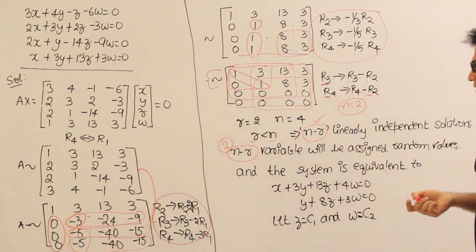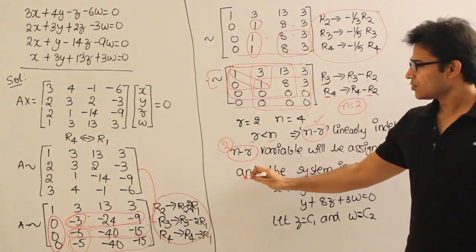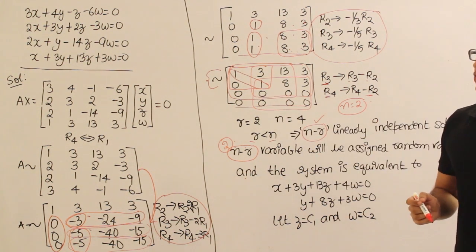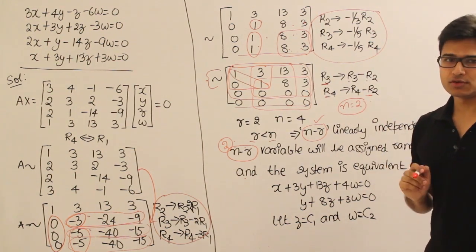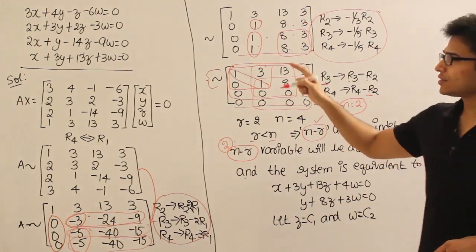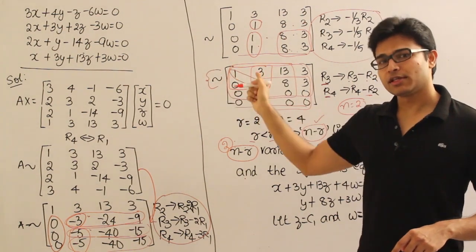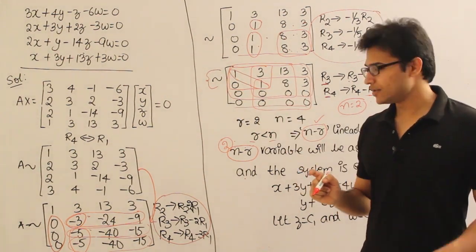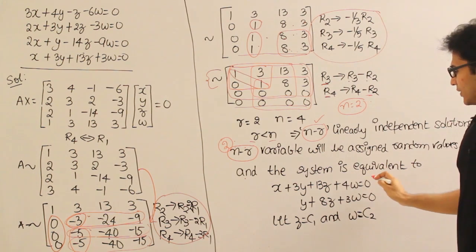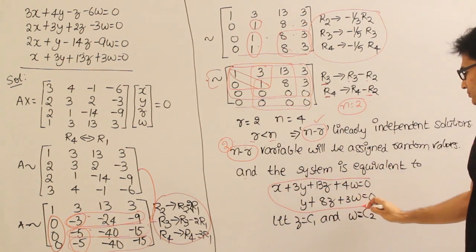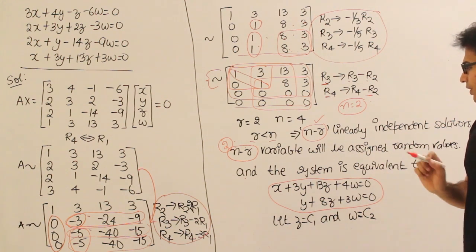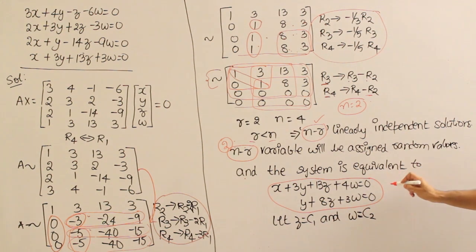Now see this. The system originally had 4 equations, but after the transformations we are left with only 2 non-zero rows. Therefore the system of 4 equations can now be written as a system of 2 equations, and the entire system is equivalent to this. I have to solve this for the values of x, y, z and w.